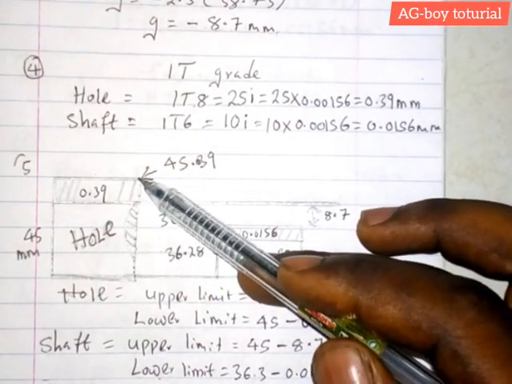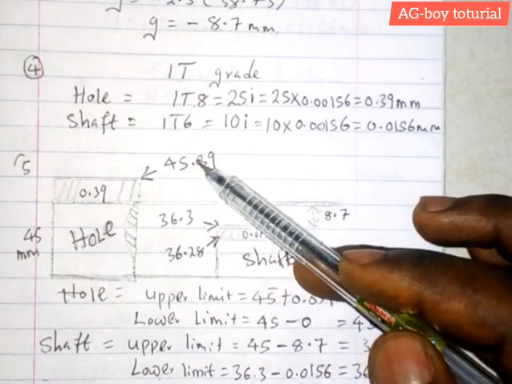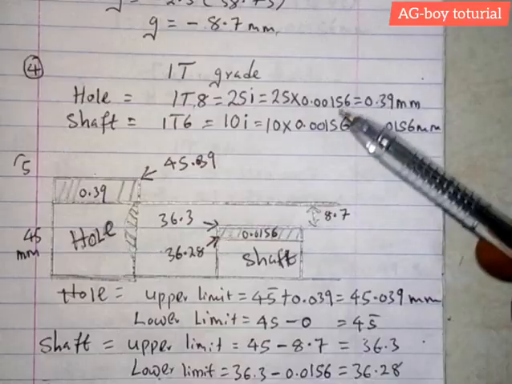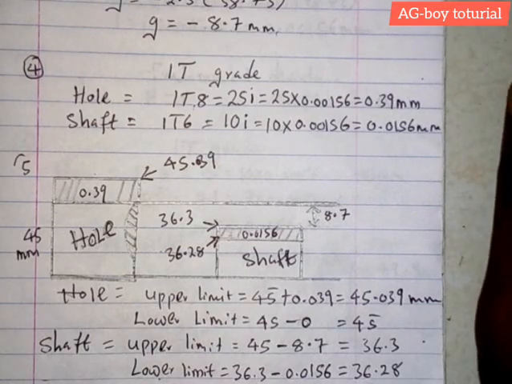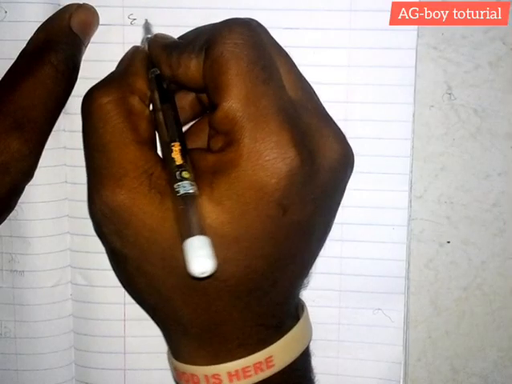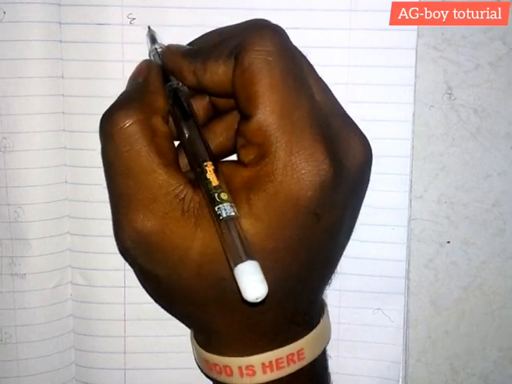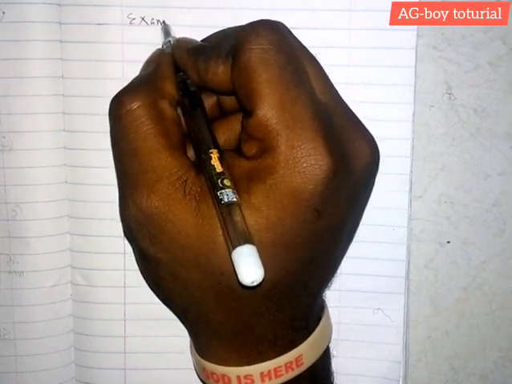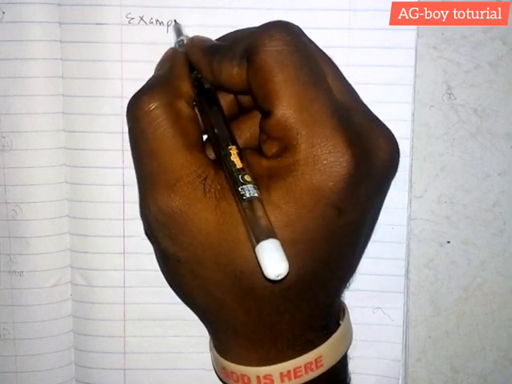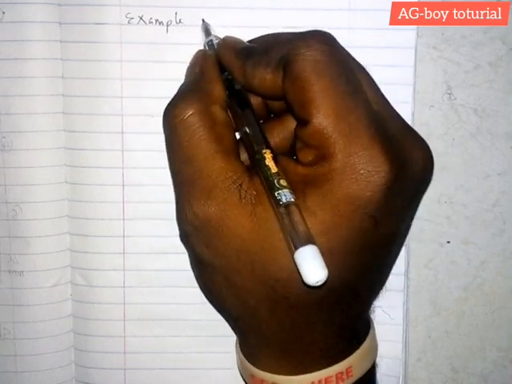Then our upper limit is 45.39. That's all for this example 1. So let's go to example 2.